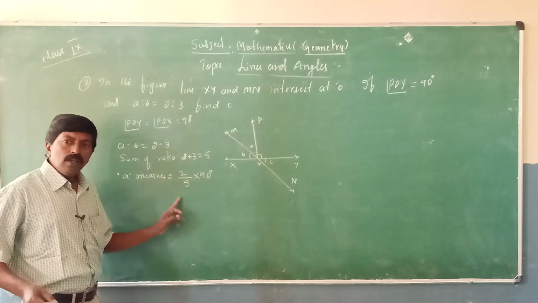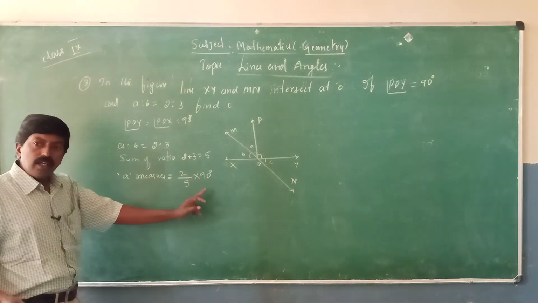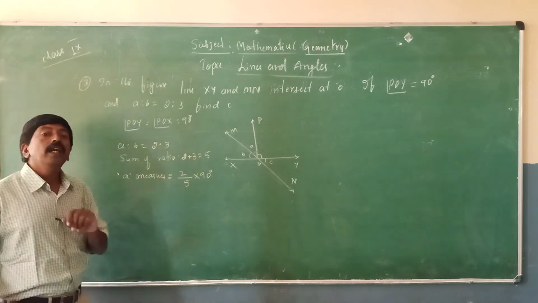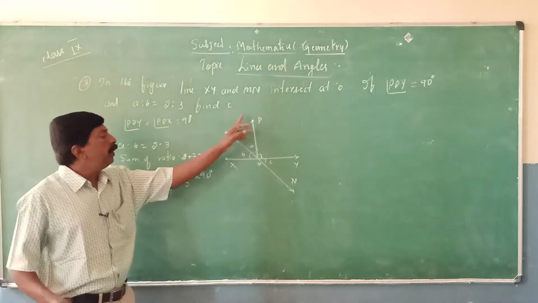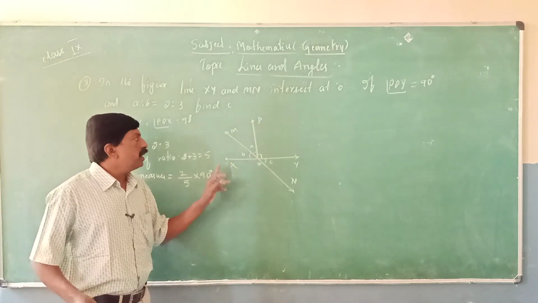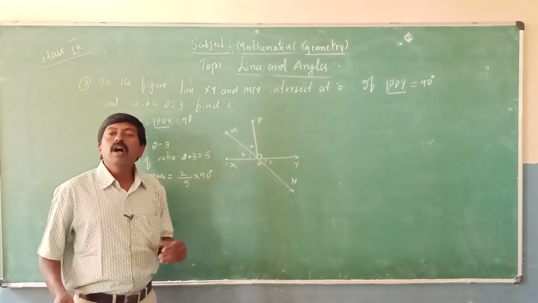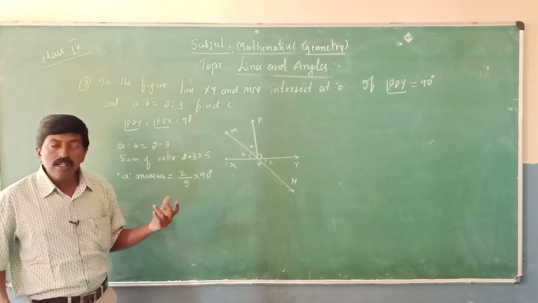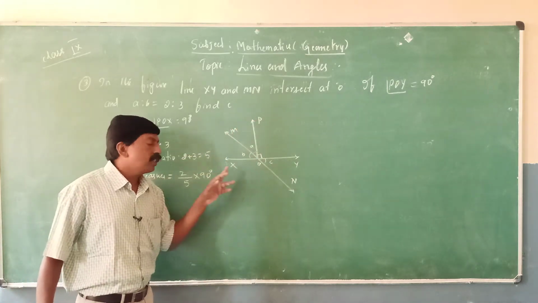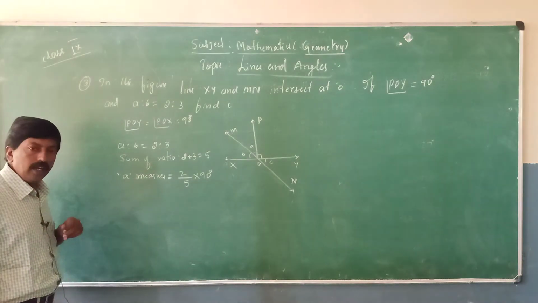Why have we written 90 degree? Because POX angle is 90 degree. How can we get POX angle 90 degree? Because POX and POY are linear pair of angles. POY is 90 degree, the remaining angle POX is also 90 degree.